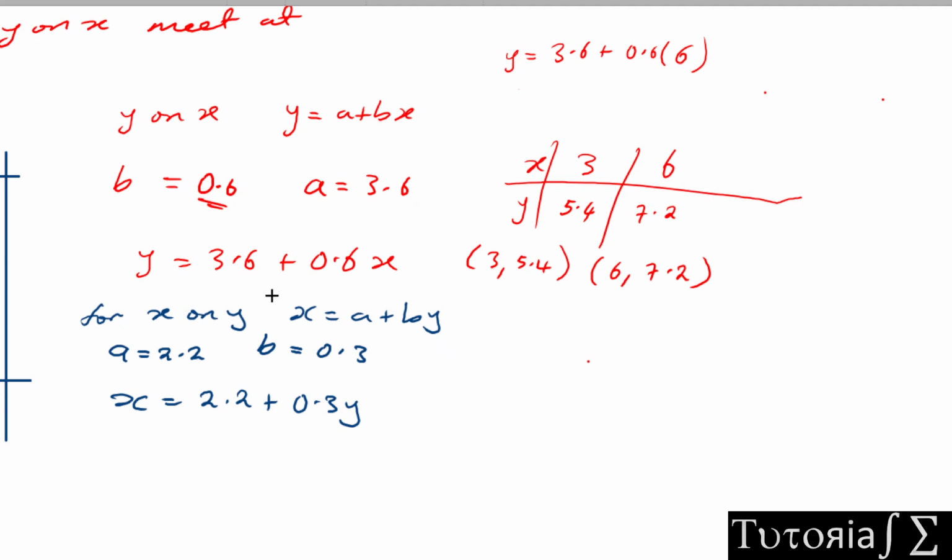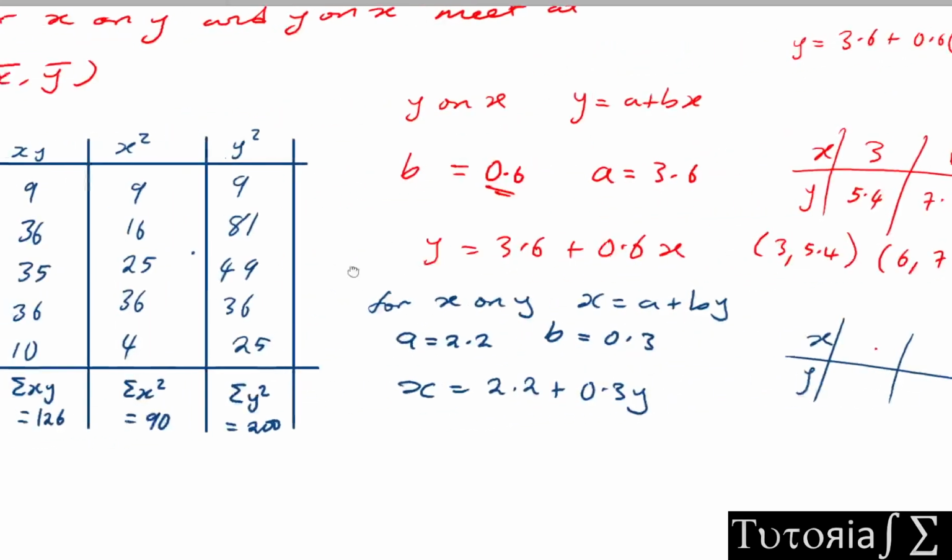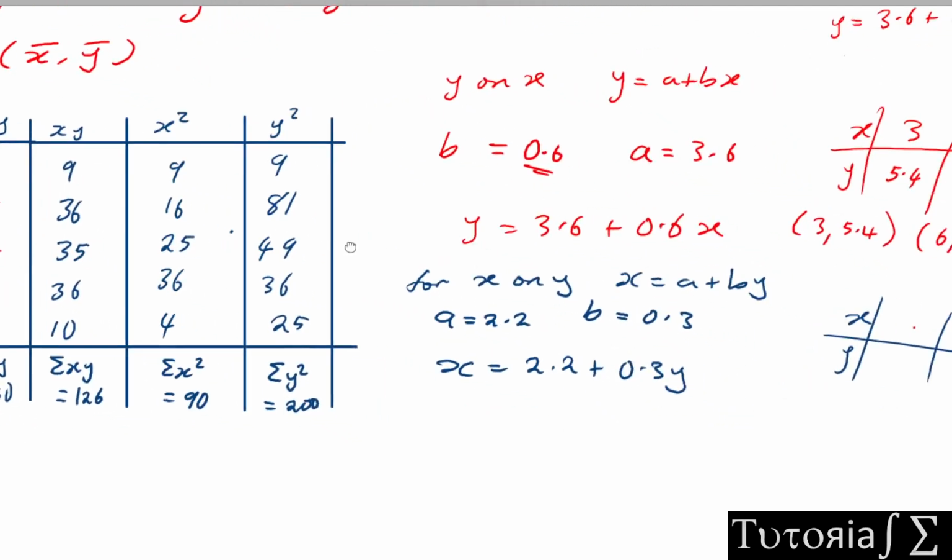Then we do the same for x on y. Again, we create a table of values, x and y. So x depends on y. If x depends on y, then we write the values of y, then see what values of x we get.